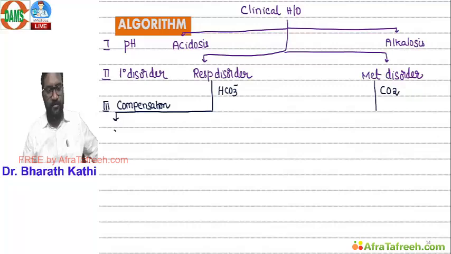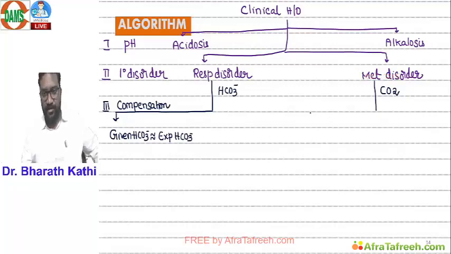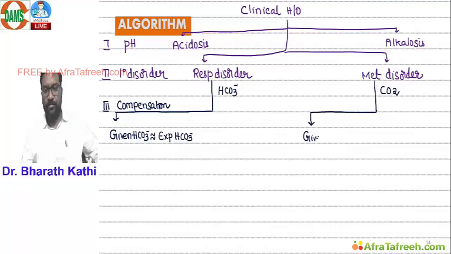In majority of the situation, given bicarbonate can be correlating with expected bicarbonate. On this side also, given CO2 will be correlating with expected CO2.